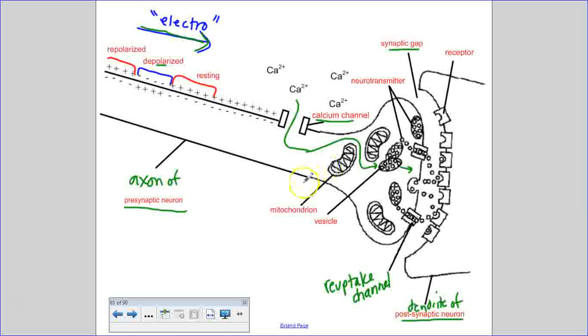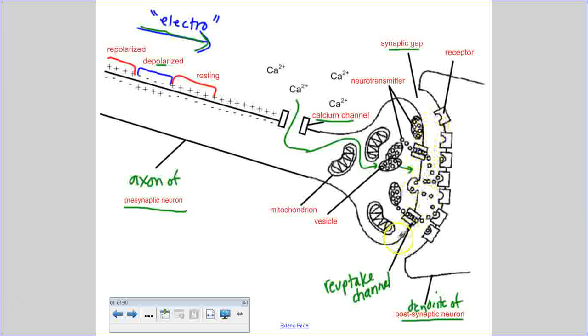So that is the mitochondria. There's a lot of them around because we need lots of energy in order to process the message, in order to carry these vesicles and allow them to fuse and release their neurotransmitters.